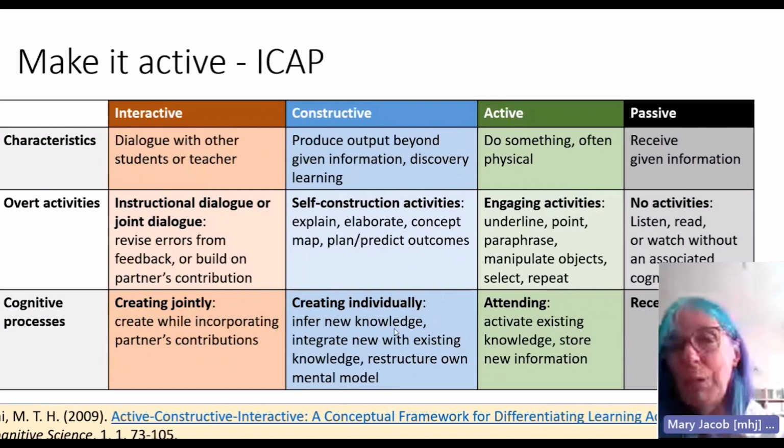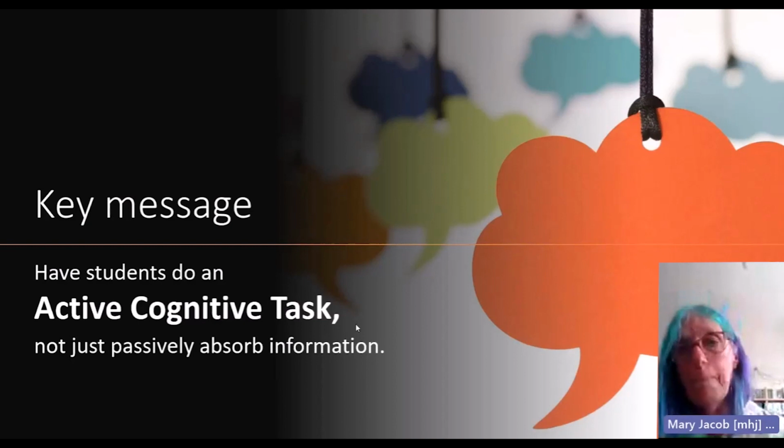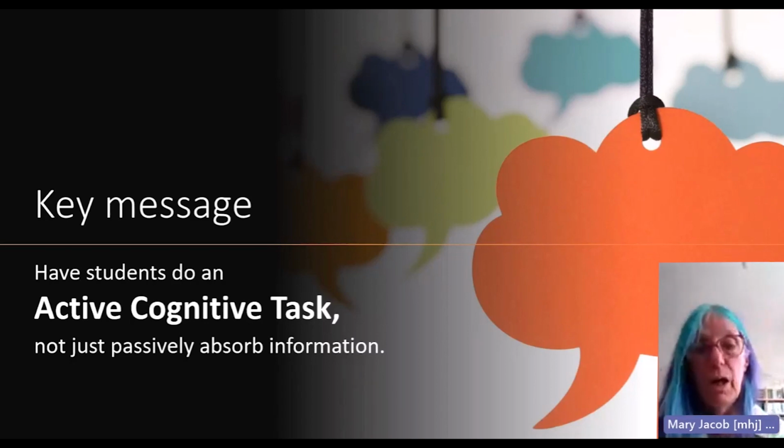So I highly recommend that you read her article on that, and we can give all the references and so on after the session. So my key message is that to help students learn the best, have them do an active cognitive task, not just passively absorb that information.